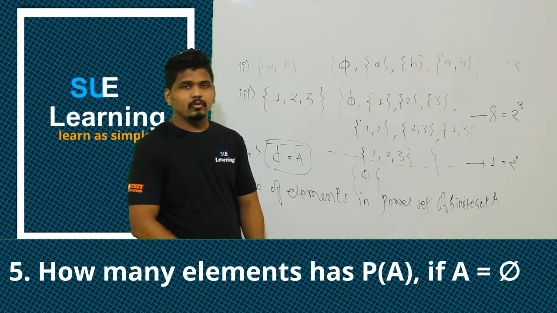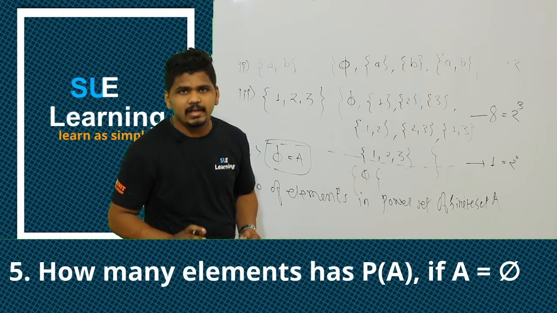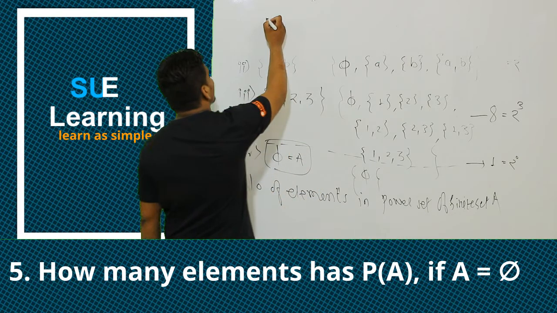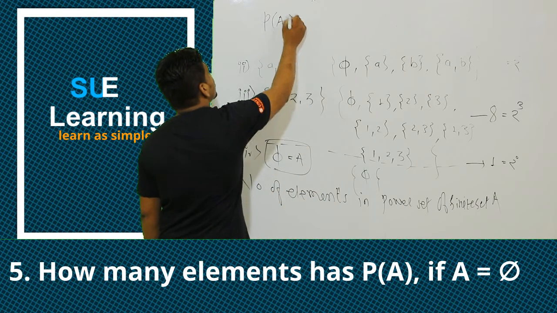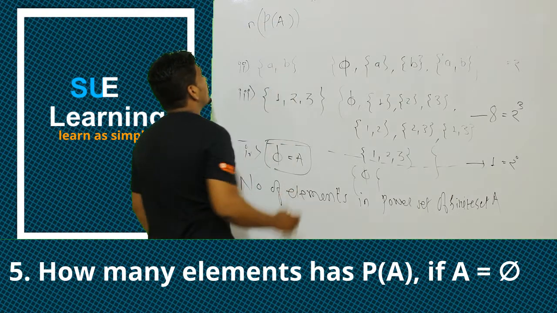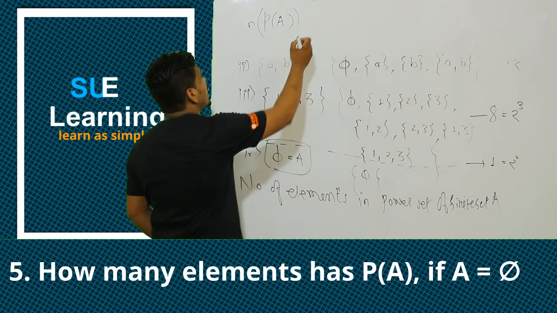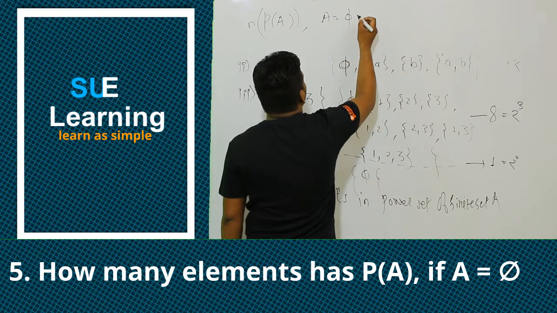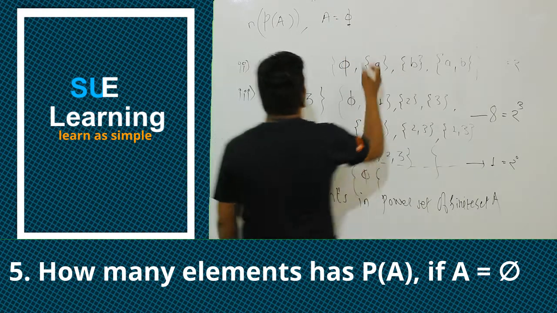So let us illustrate and see what the number of elements in P of A comes out to be. The question is asking for the number of elements in the power set of A, where they have given A equals {5}. Now how many elements are there in {5}? That is the question.